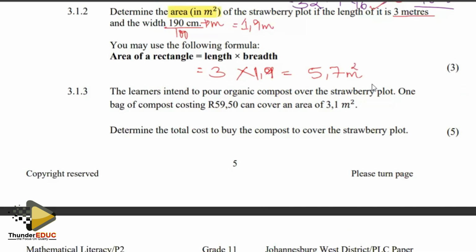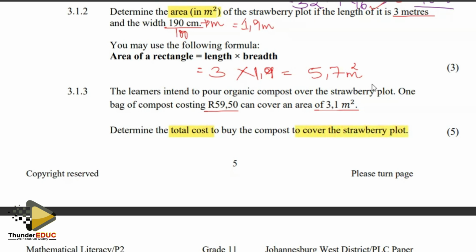The learners intend to pour organic compost over the strawberry plot. 1 bag of compost costs 59 rands 50 cents and covers an area of 3.1 meters squared. That's the area covered. Now, I'd like you to understand the question. We are determining the total cost to buy the compost to cover the strawberry plot.